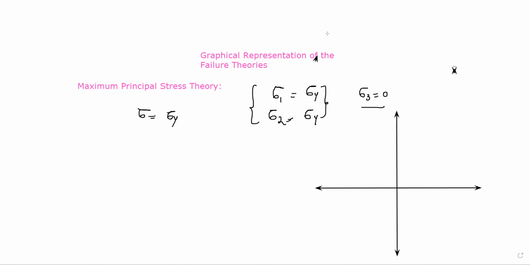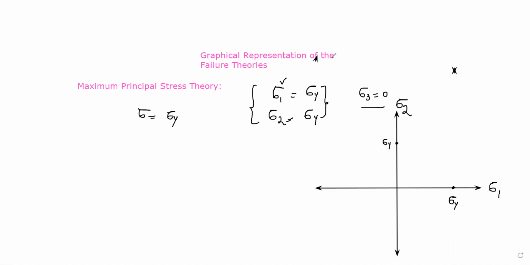So let's say this is sigma 2 and this is sigma 1 axis. Fine. So sigma 1 should not become equal to sigma y. Let's suppose this is sigma y. Sigma 1 can attain all the values which are below sigma y. Same is the case with sigma 2. Sigma 2 can attain all the values, but those values should be below sigma y.